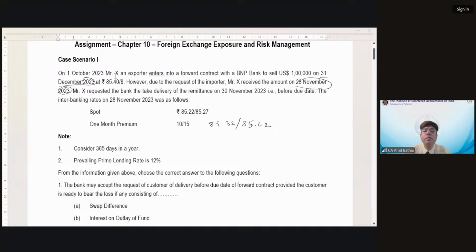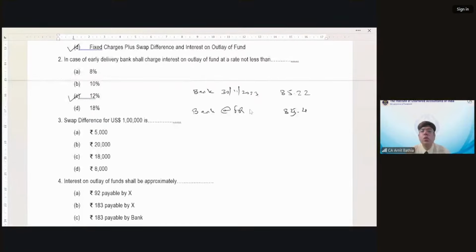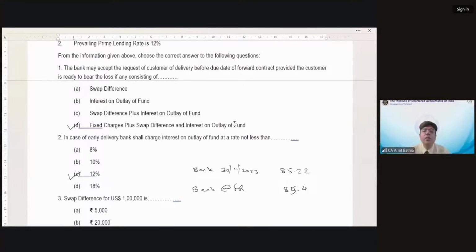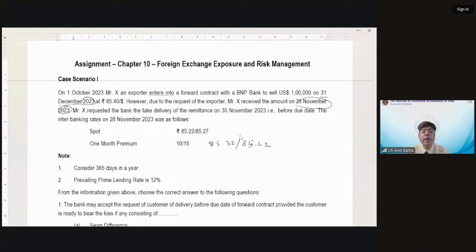Am I right? Now, what this basically means is the bank is going to have to enter into a fresh contract to buy this $100,000. They will have to sell this, and they will buy it at what rate? 85.42 in the market today.